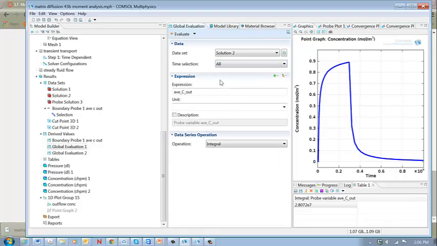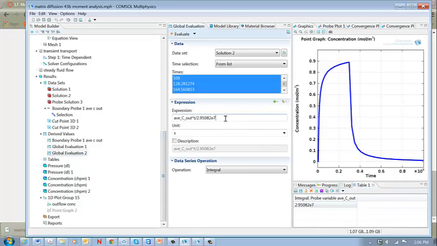So this will be the mean residence time for this test that ran out to 10 to the 9th seconds. I'm just going to select all time here and repeat the evaluation. And so there it is, the integral of the concentration, and I'm going to cut and paste that in there.